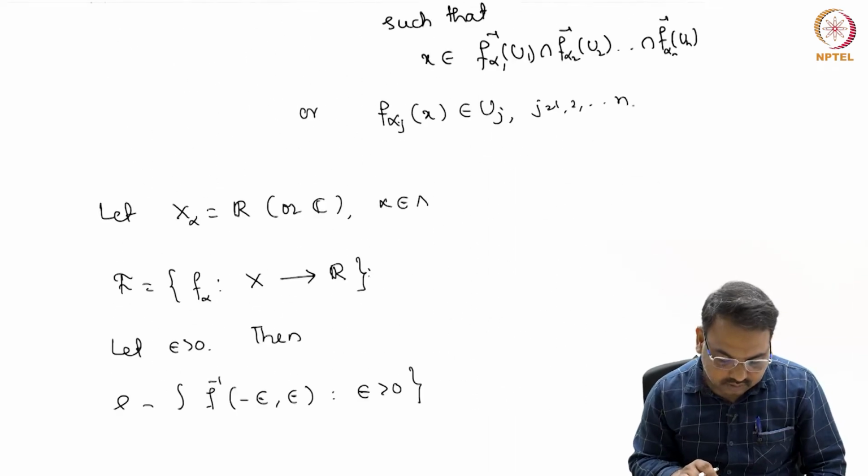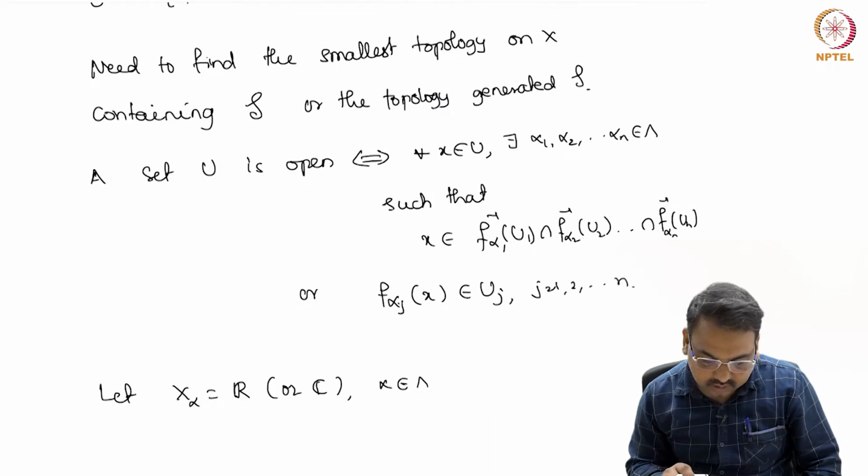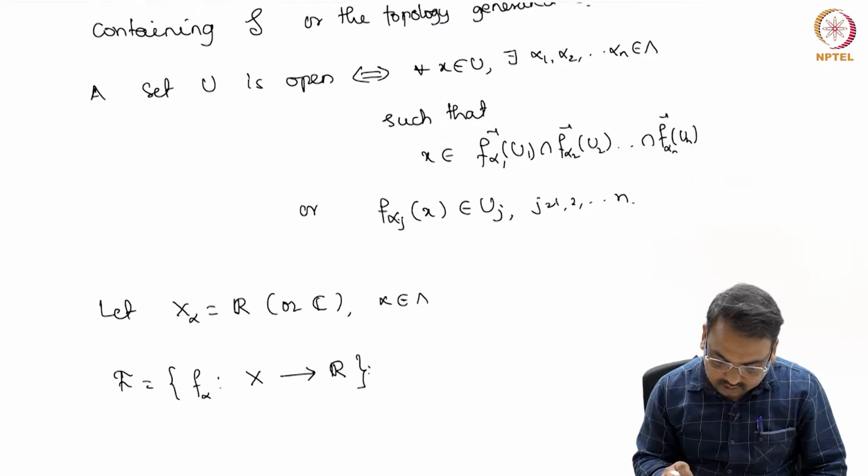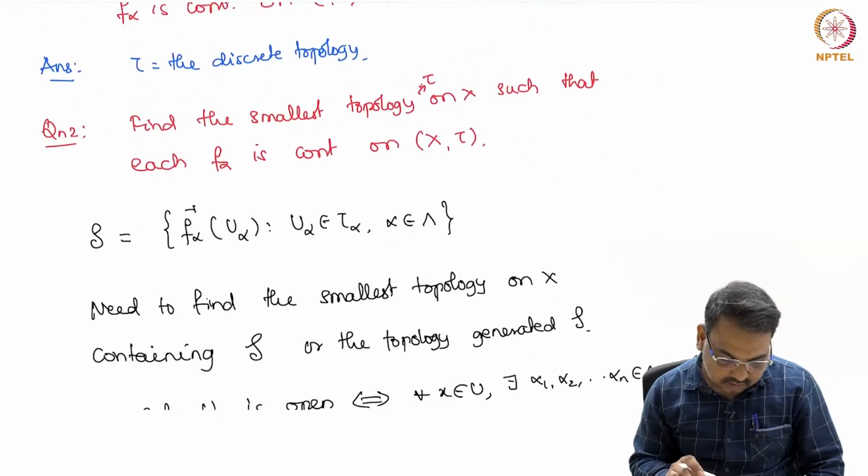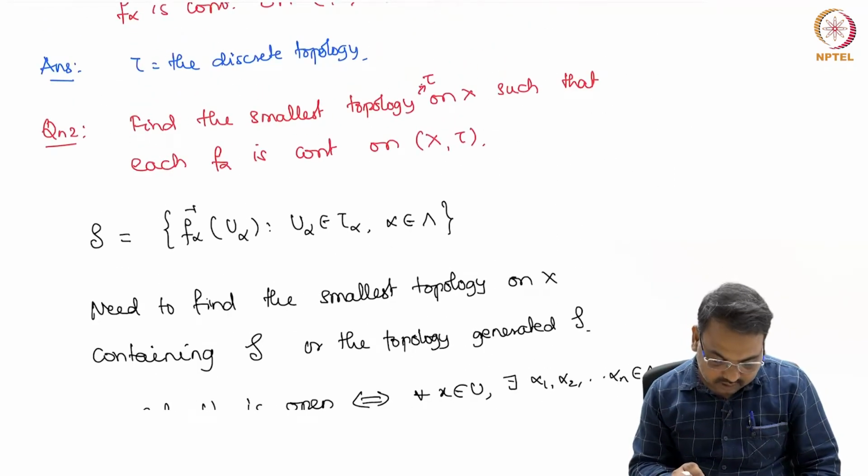So this topology, whatever we have discussed, is called the weakest topology or the weak topology generated by the family of functions F.